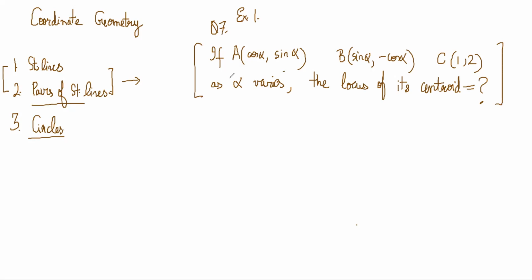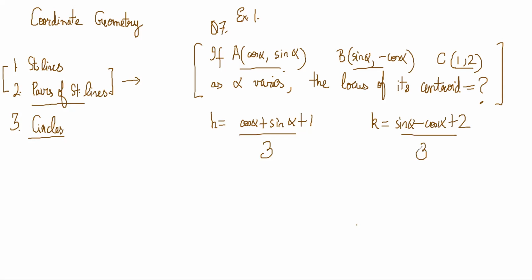This is straightforward only. Vertices are given, then centroid you can write, right? Yeah, we can find the centroid. Centroid is (h, k), so h will be (cos alpha + sin alpha + 1) by 3, and k will be (sin alpha minus cos alpha plus 2) by 3. You have to find the locus of the centroid.